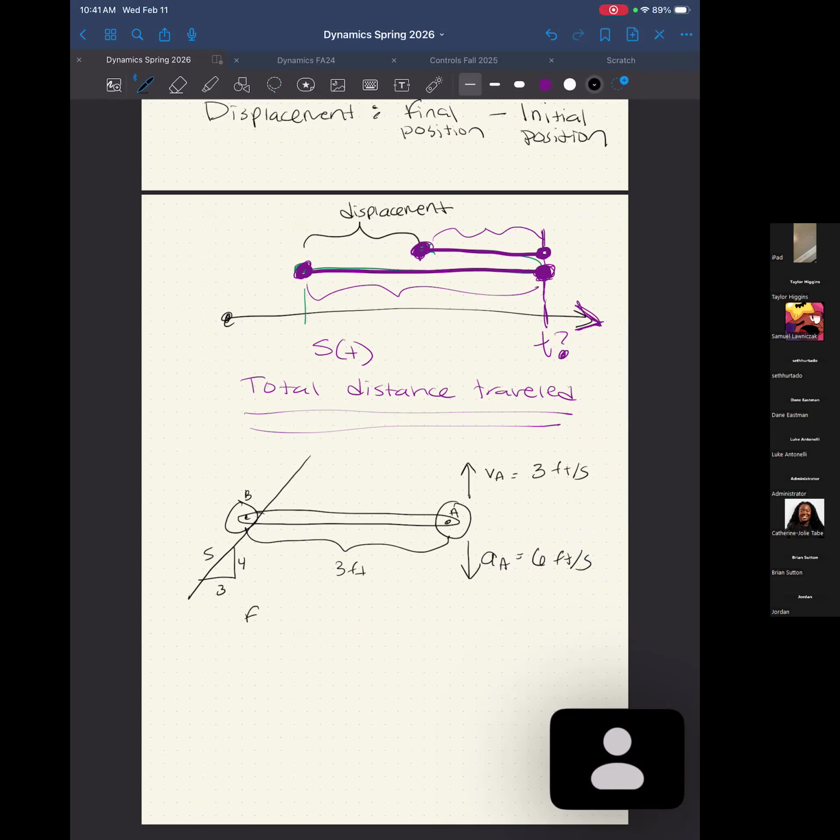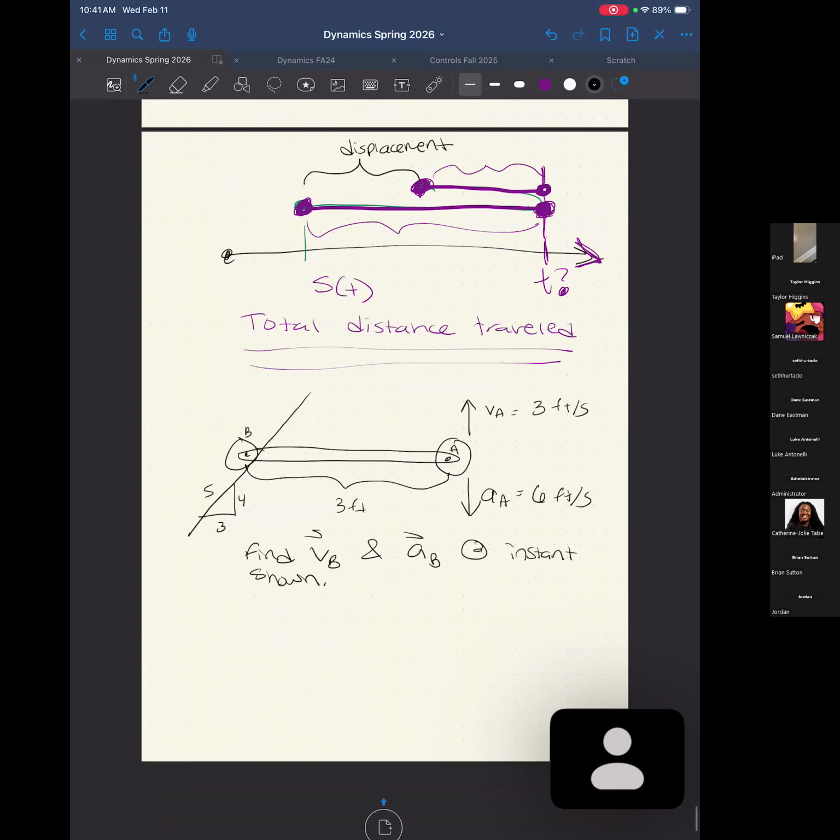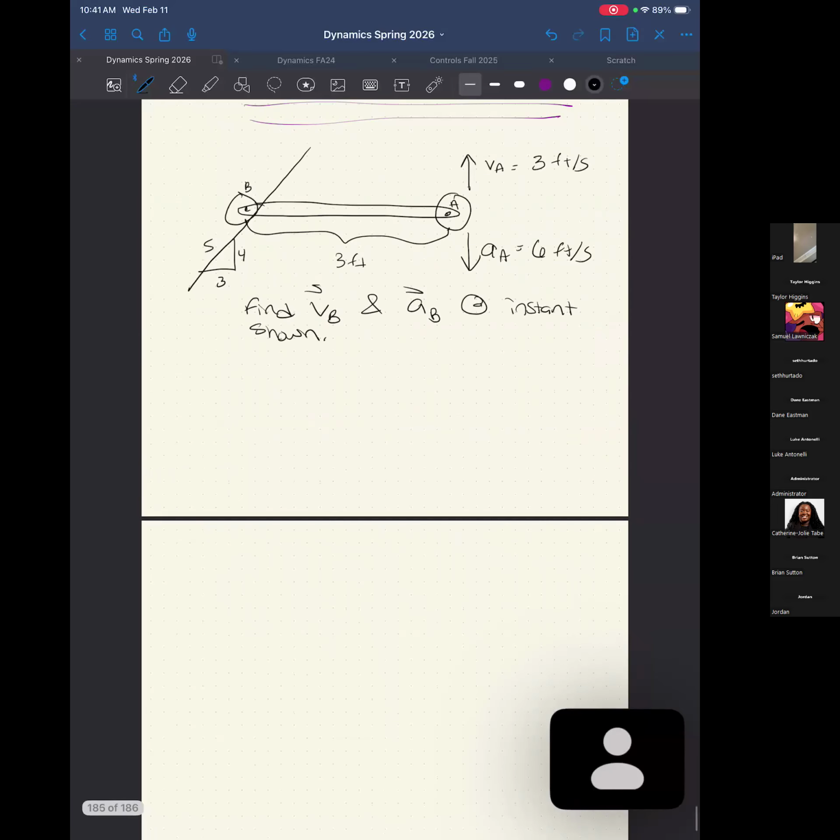Okay. So find V_B and a_B at the instant shown. My first thought is that these are two points on the same rigid body, two points fixed to the same rigid body.